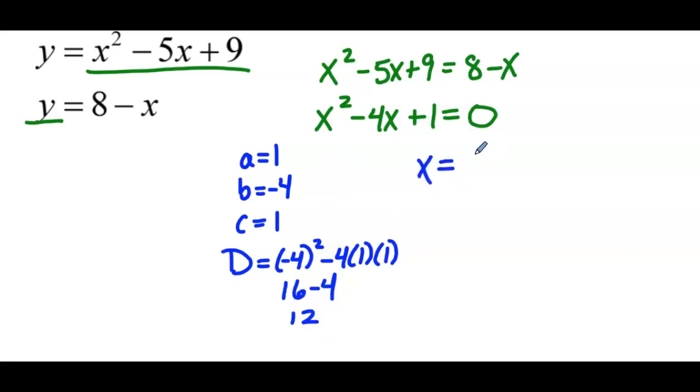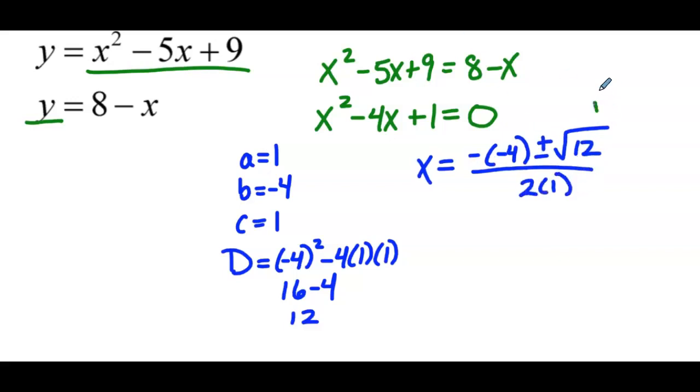So x equals -b plus or minus the square root of the discriminant all over 2a. So the square root of 12 can be simplified to the square root of 4 times the square root of 3, which is 2 times the square root of 3.